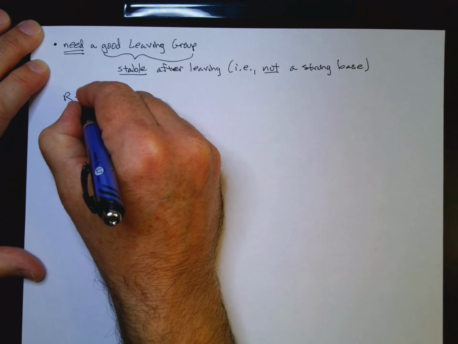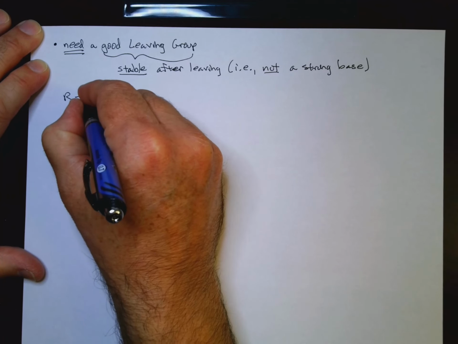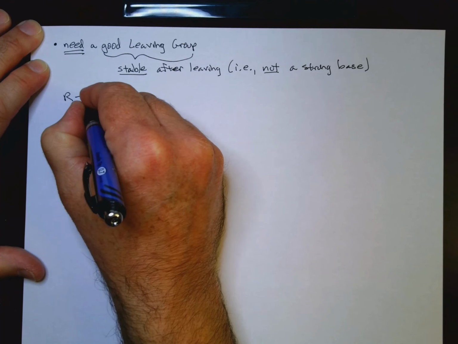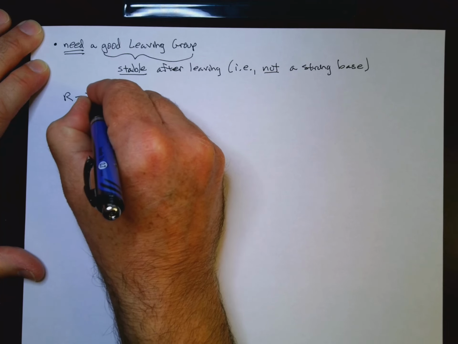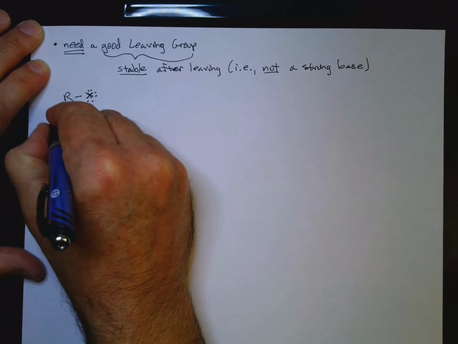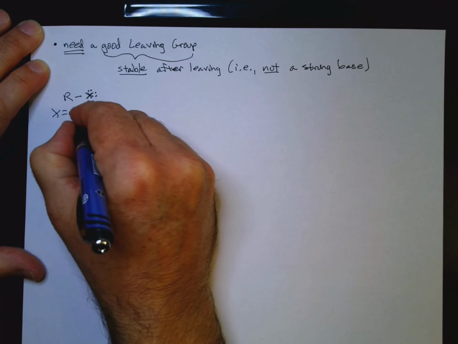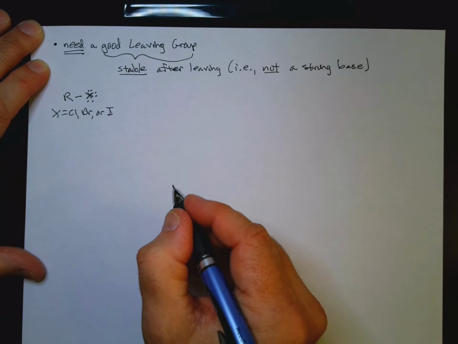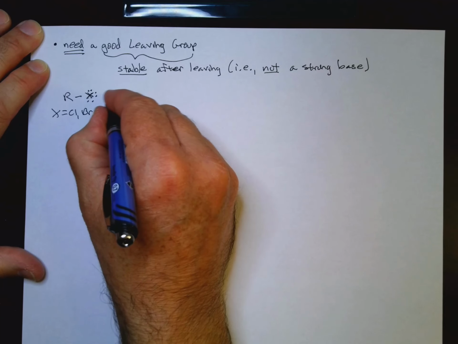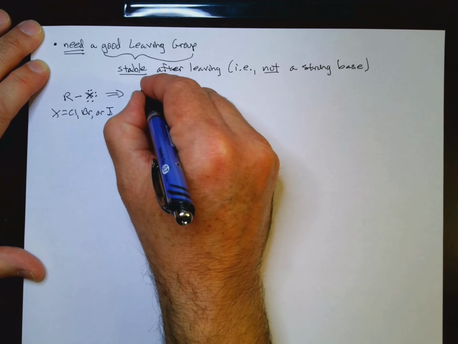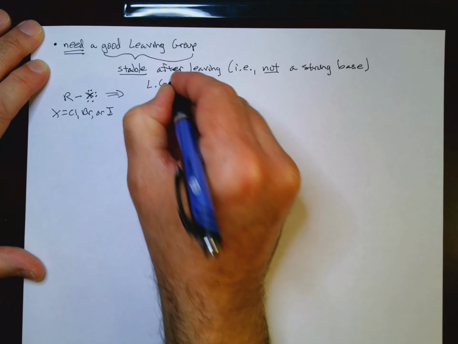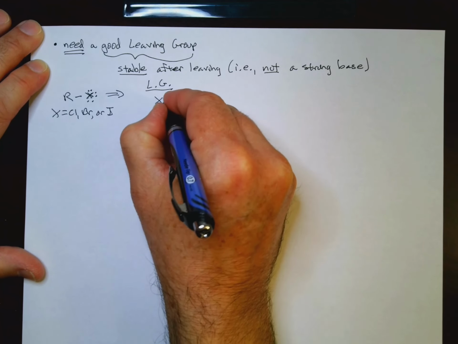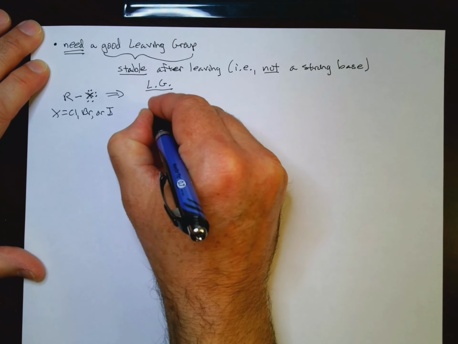let's do RX, where X equals Cl, Br, or iodine. For this guy, our leaving group is X minus. So if we have Cl minus, that's nice and happy.